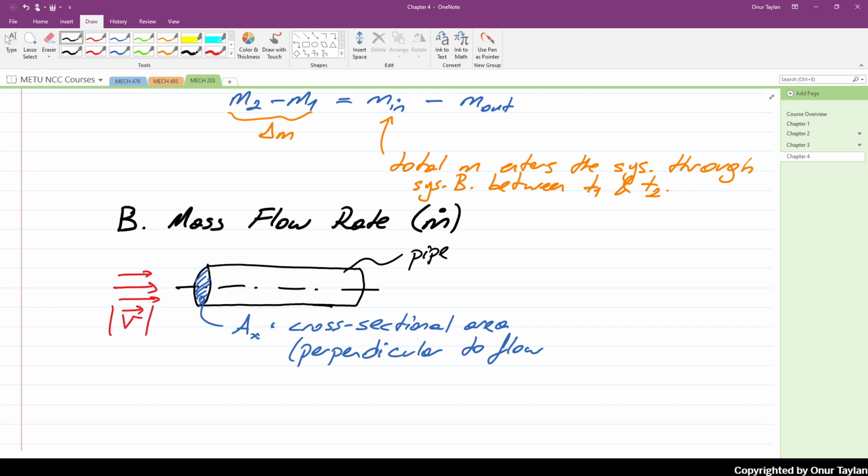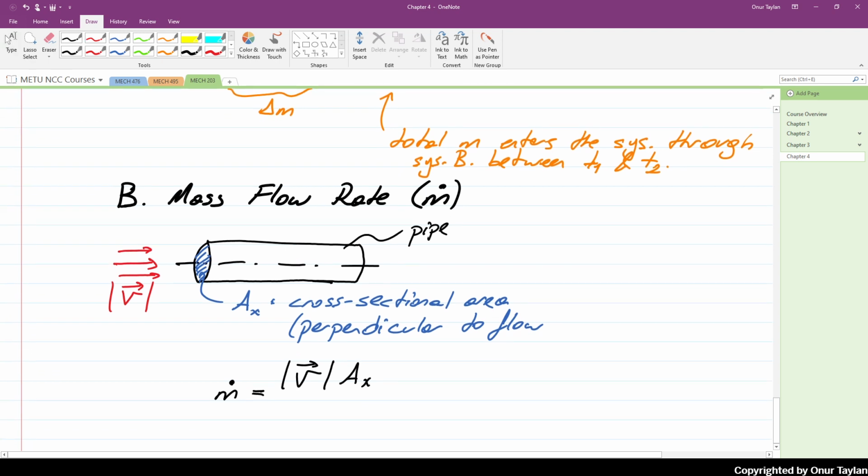So the equation to calculate the mass flow rate, if you are given these, is: you have the speed V, the velocity, which is a vector. You multiply this with the cross-sectional area A_x, and you divide this by the specific volume v, the volume of the fluid that passes through the pipe.